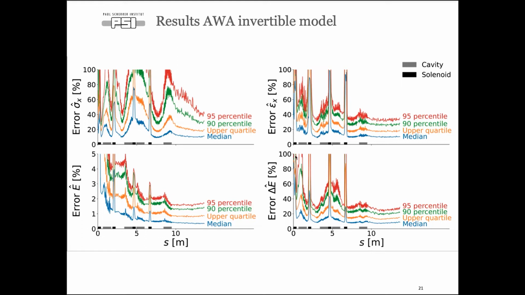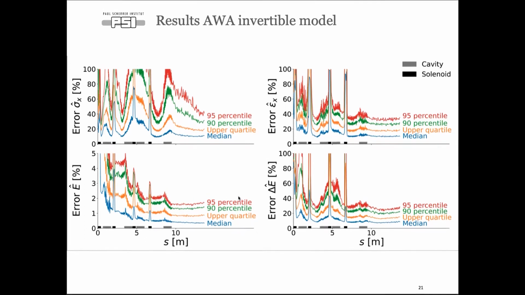Those are the relative errors you see here. It is clear that the relative errors are much higher than for just the forward model, because you call the model twice, so the errors sum up somehow.